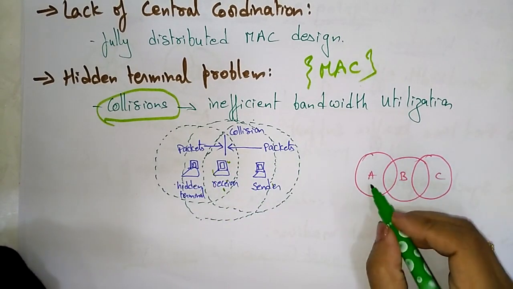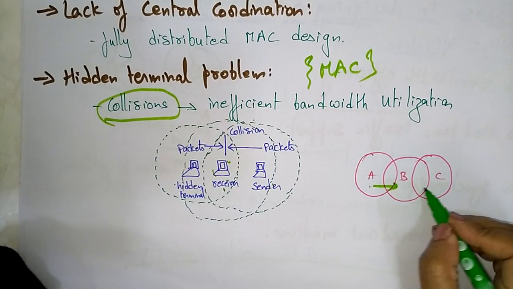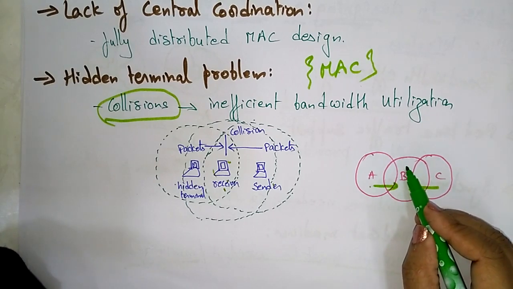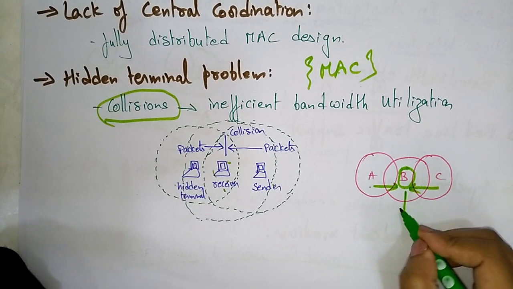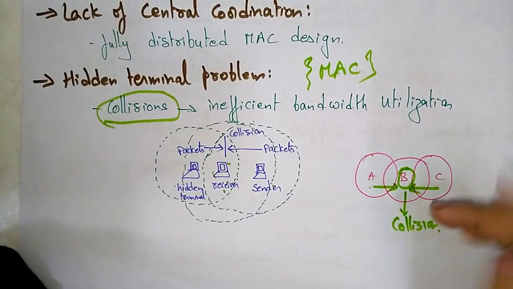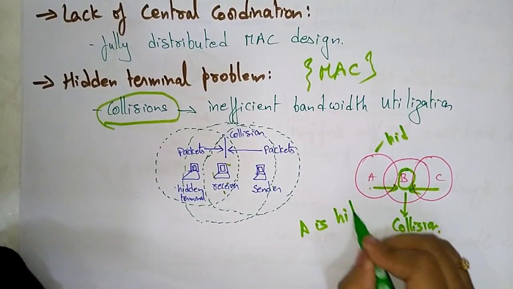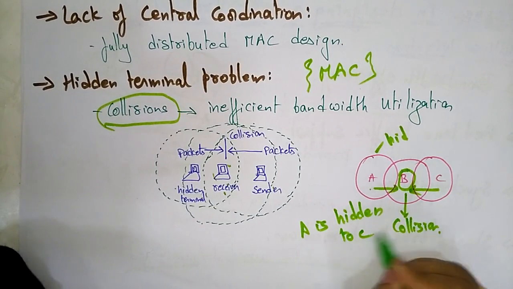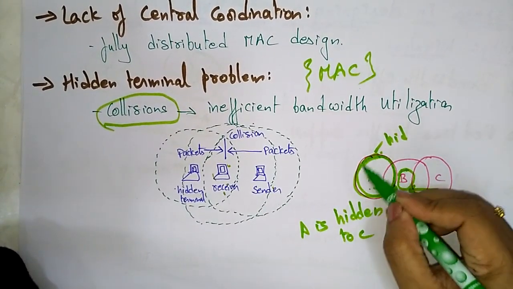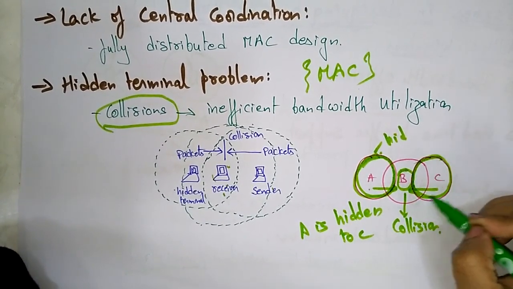See here, A wants to send a packet to B. At the same time, C is also sending a packet to B. So B experiences a collision. Why is the collision there? A is hidden from C. A's bandwidth, the signal communication, reaches only up to here, and C's only up to here.